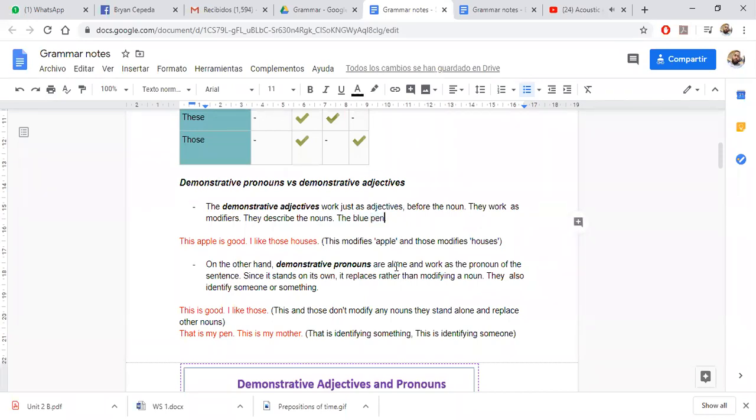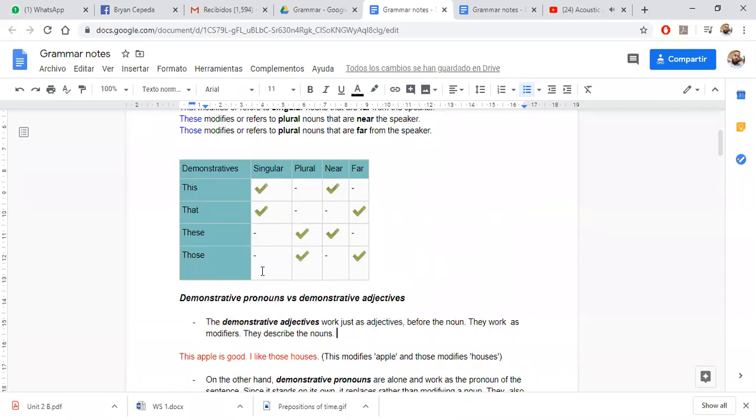It describes the color of the pen. Good, very good. In this sentence, what is the adjective? Red. Exactly. Very good. So you got it.